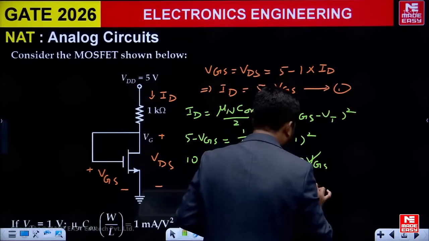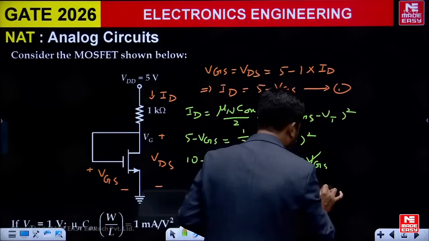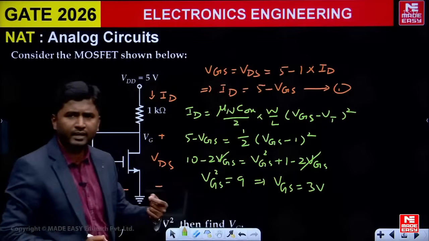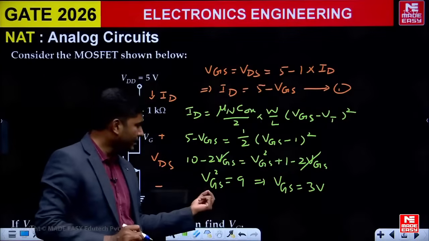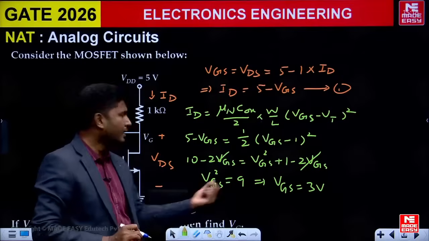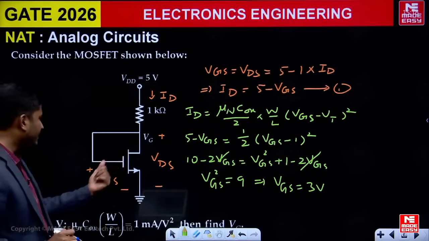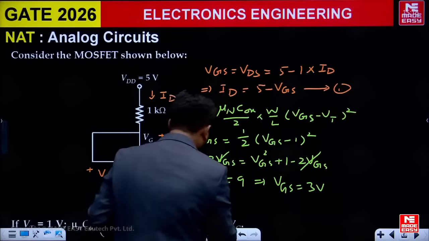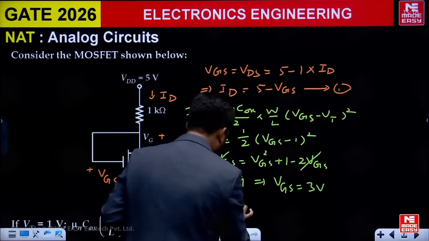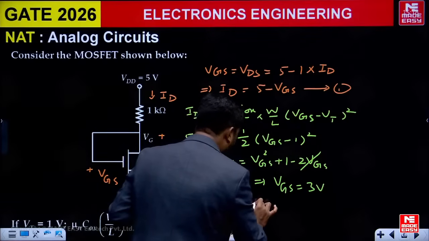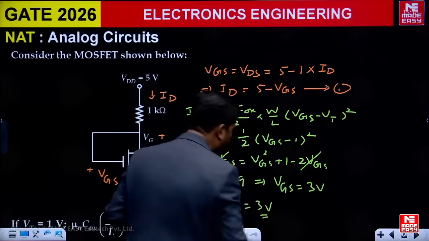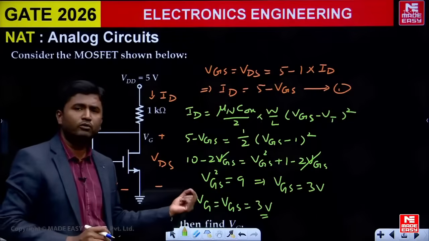We can ignore minus 3 because VGS should be a positive value here. VGS should be greater than threshold voltage. So in that way the correct VGS will be 3 volt. Now gate voltage will be same as VGS only. So we can say finally VG equal to VGS, and that is equal to 3 volt. So in this question gate voltage will be 3 volt.